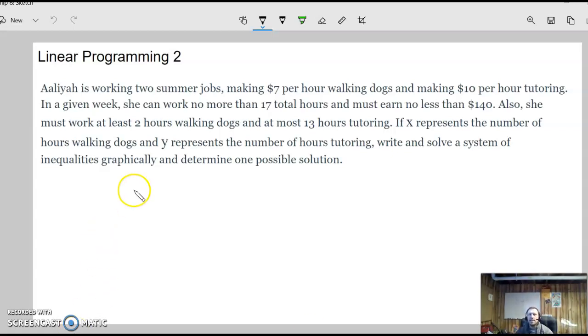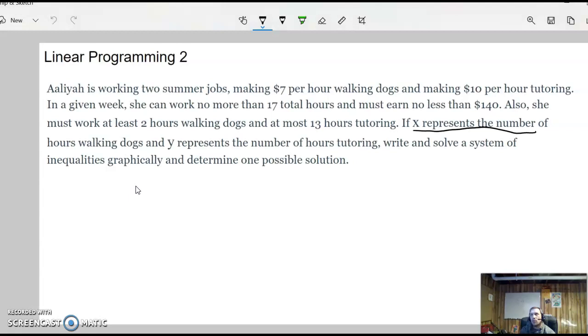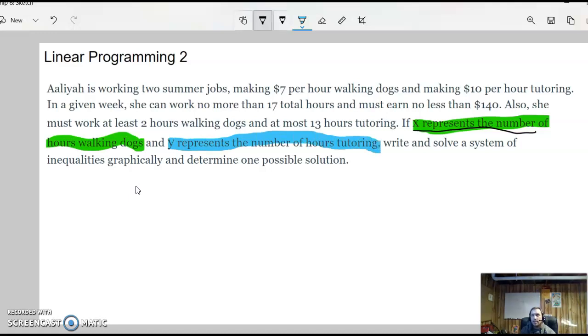So let's take a guess about how many hours of work she needs to do walking dogs. If X represents the number of hours walking dogs, and Y represents the number of hours tutoring, let's take some guesses.